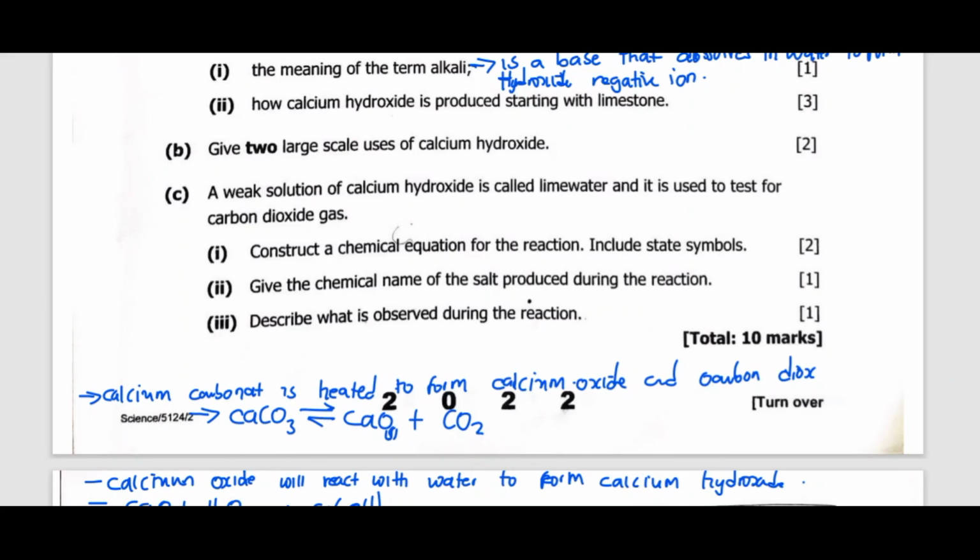Then B, give 2 large scale uses of calcium hydroxide. So large scale, the first one, calcium hydroxide is used in treatment of acidic soil.